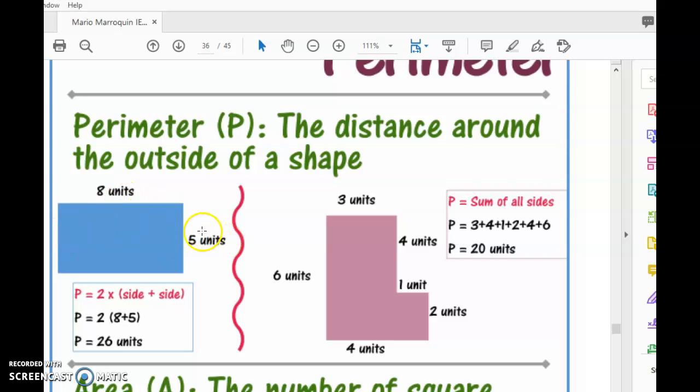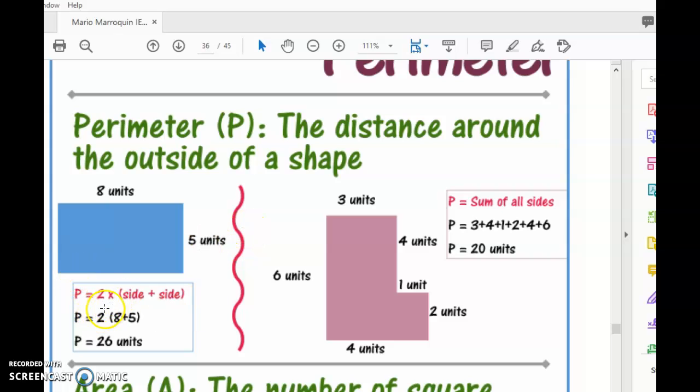If this is 5, then this would be 5. If this is 8, then this would be 8. So you're going to add all the sides. You can always just write out an 8, a 5, or an 8 here, and then your answer should look like P equals whatever you get.